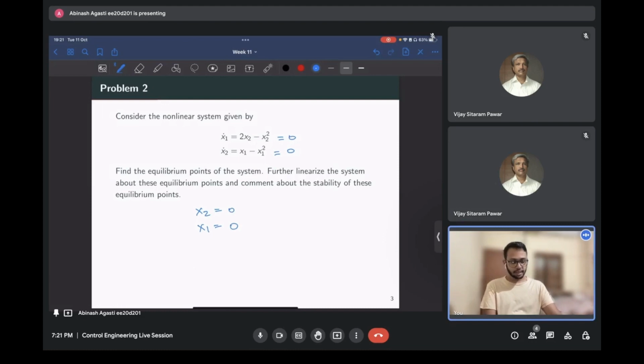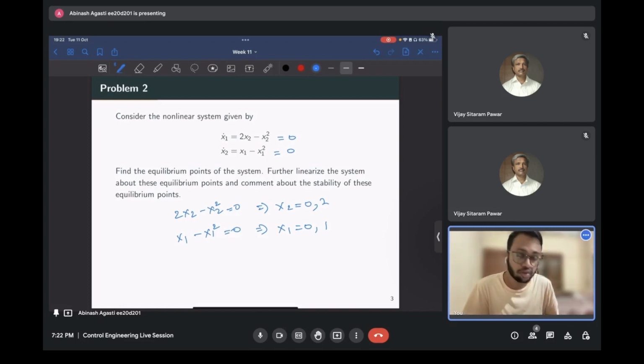Let us just write out the solution to this equation: 2x2 minus x2 square is equal to 0. So what are the solutions? x2 equal to 0, as you've told, and the other one is 2. And for this case, it is x1 equal to 0 and this is 1.